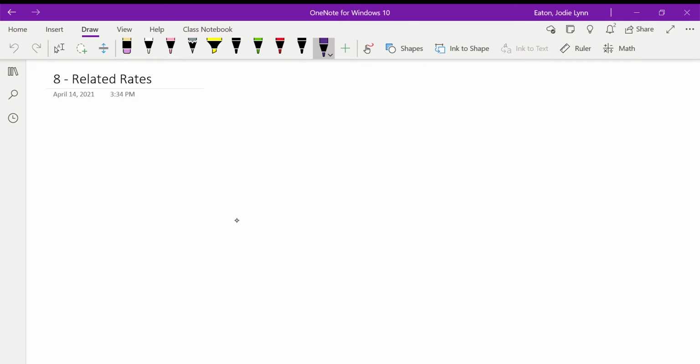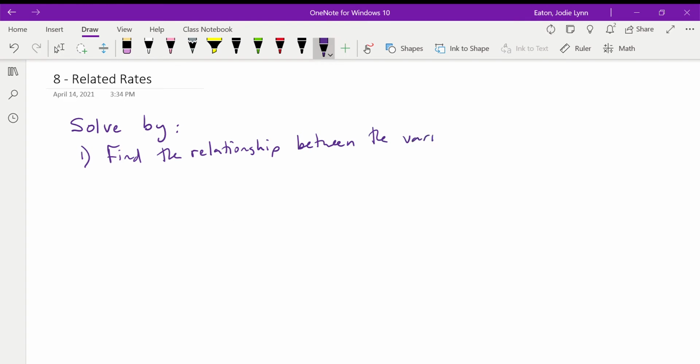So we solve these related rates problems by, number one, finding the relationship between the variables and write an equation.